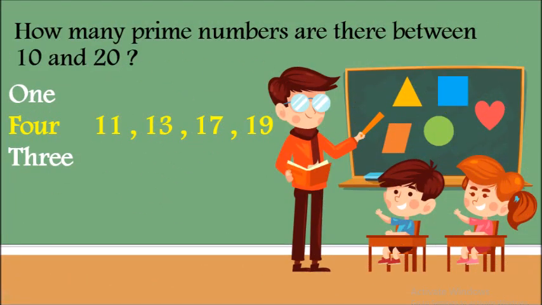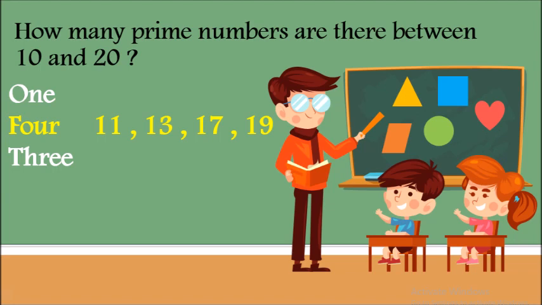This next question is, how many prime numbers are there between 10 and 20? Now, think of the prime numbers. Let's go through the prime numbers that we have done up till now: 2, 3, 5, 7.